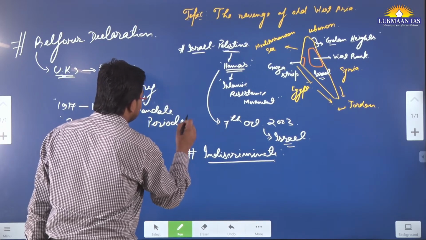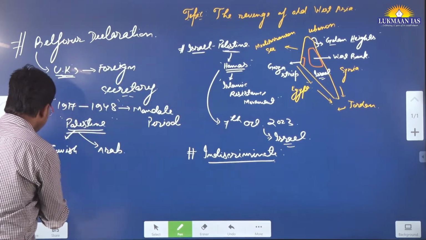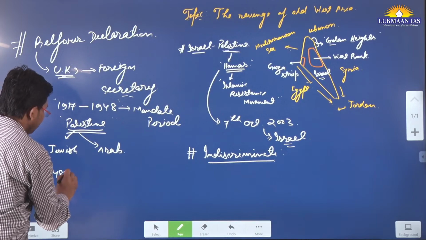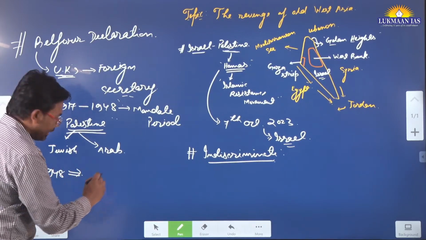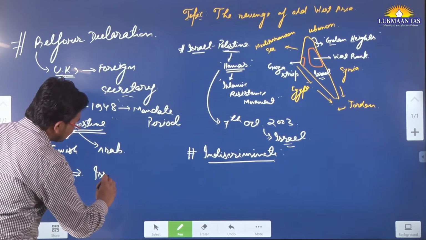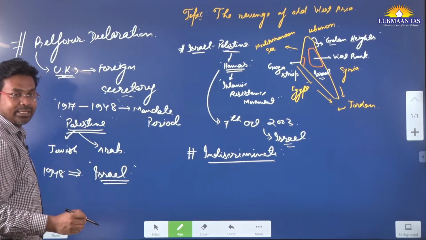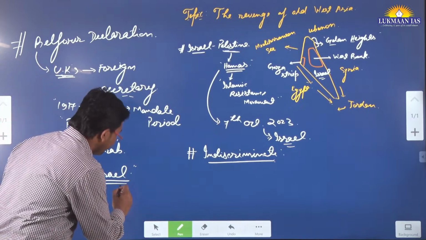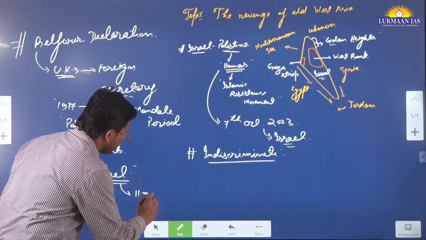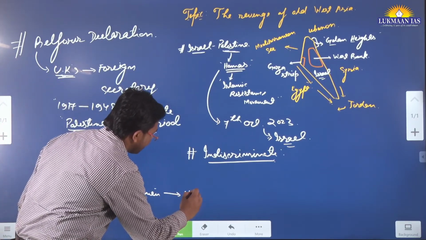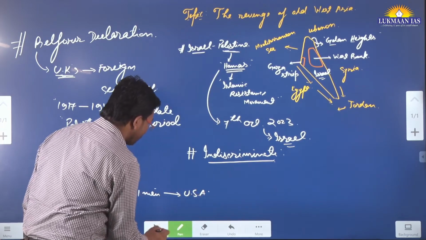So in 1948, what happened? Israel declared itself a state. The moment Israel declared itself a state, within 11 minutes, the USA recognized Israel as a state.